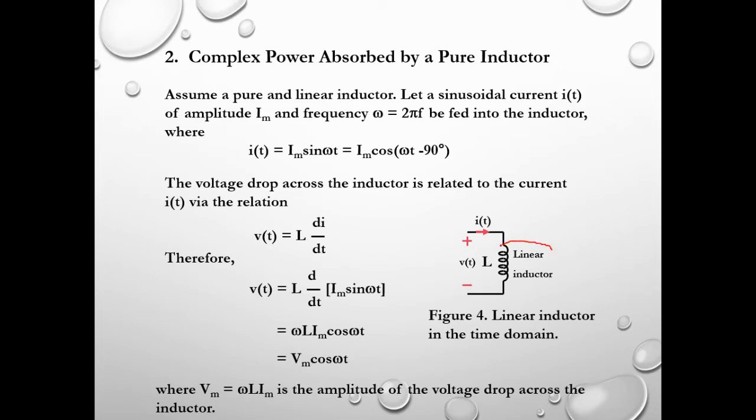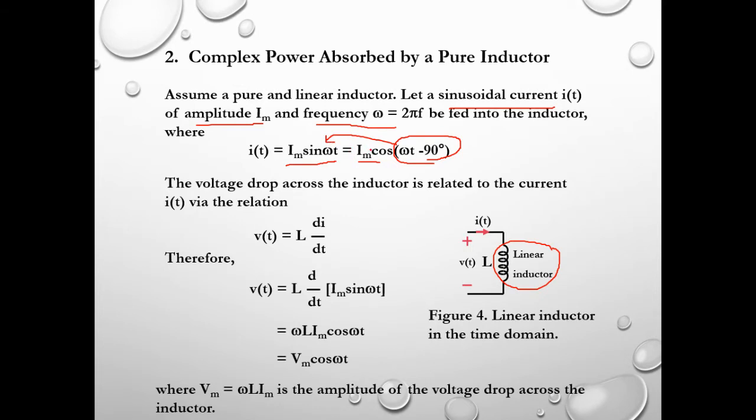Let us feed in a sinusoidal current i(t), in the time domain, of amplitude Im and frequency omega equal to 2 pi f, where i(t) equals Im sin omega t. This is equal to Im cos(omega t minus 90). This is how you convert from sin omega t.